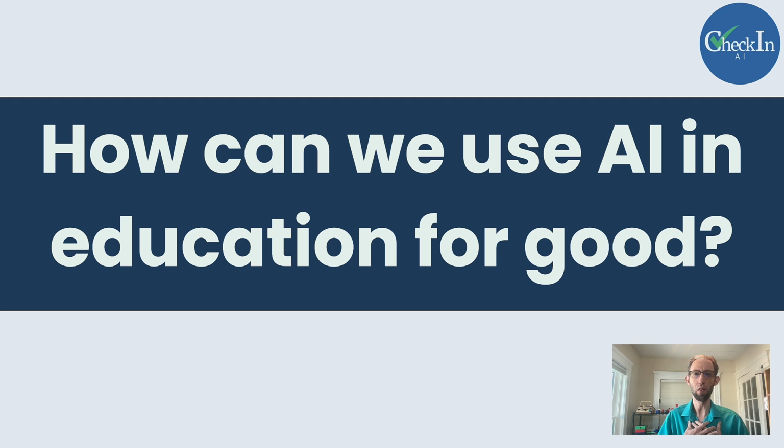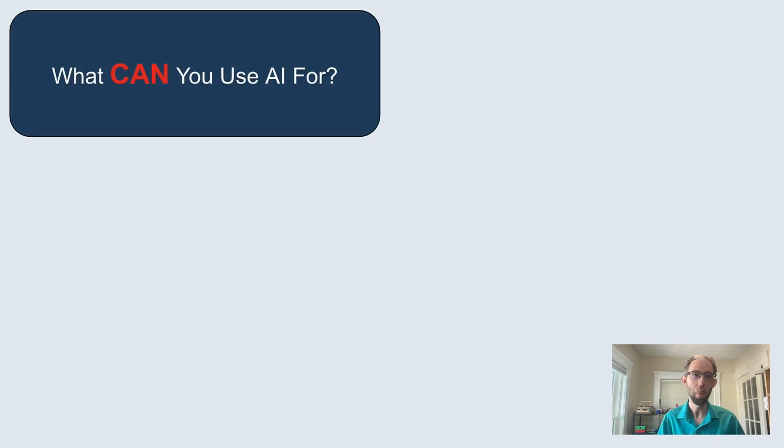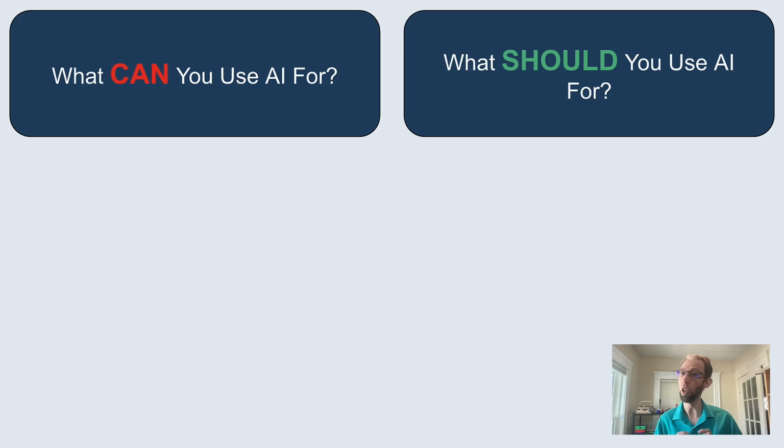We're educators, teachers, and administrators. We need to have a say in how AI is used in education. For teachers and students, this fundamental question breaks down into two sub-questions: what can you use AI for, and what should you use AI for?